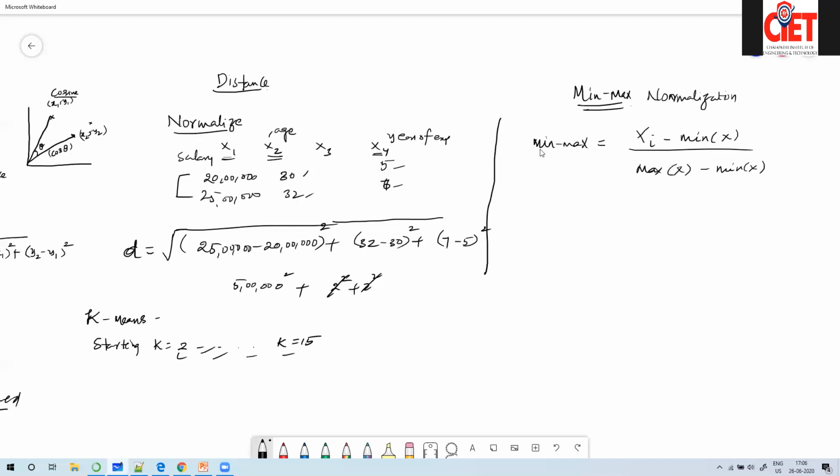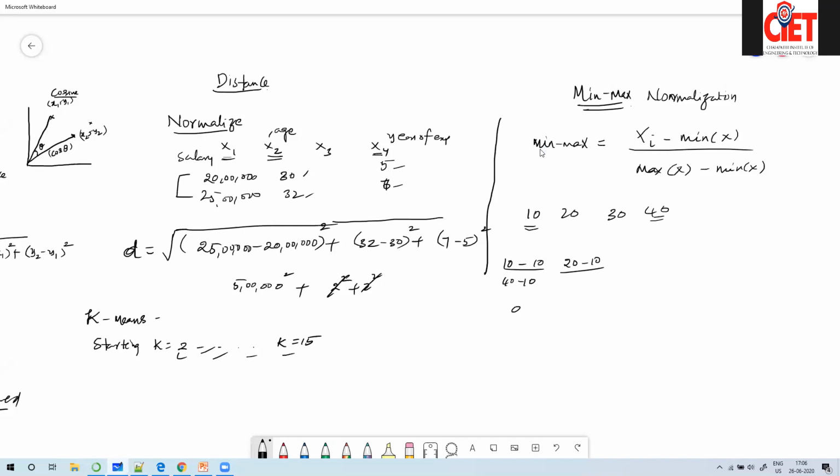Let's say we have values like 10, 20, 30, 40. The minimum value is 10, the maximum value is 40. Now if you convert this into min-max values, for 10 it is 10 minus 10 divided by 40 minus 10, which is 0.